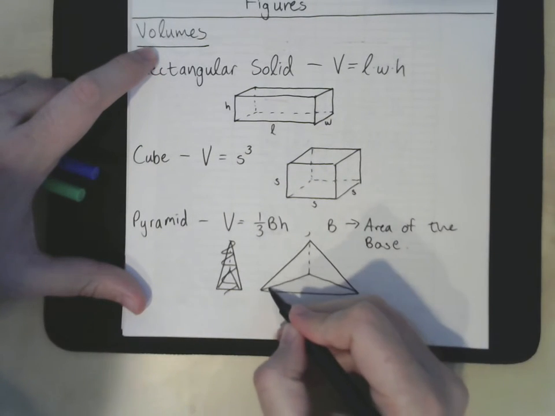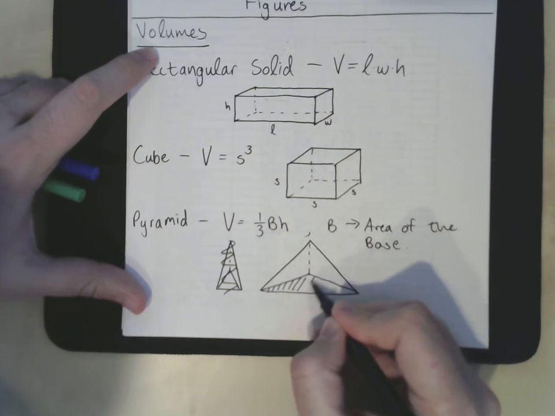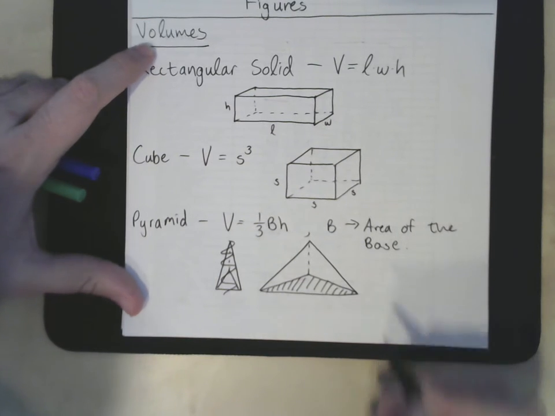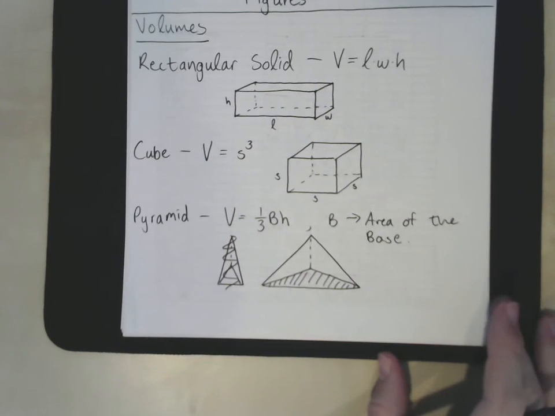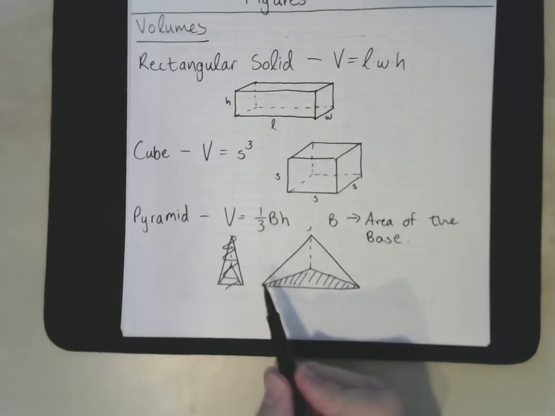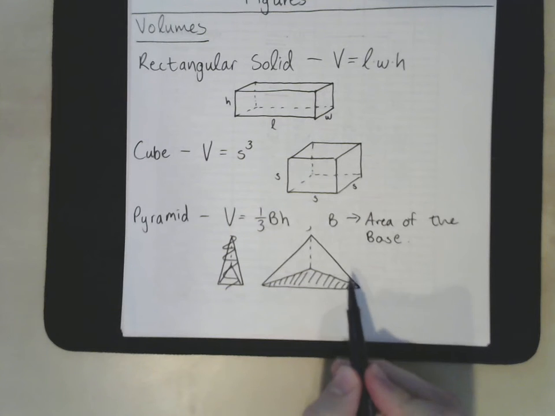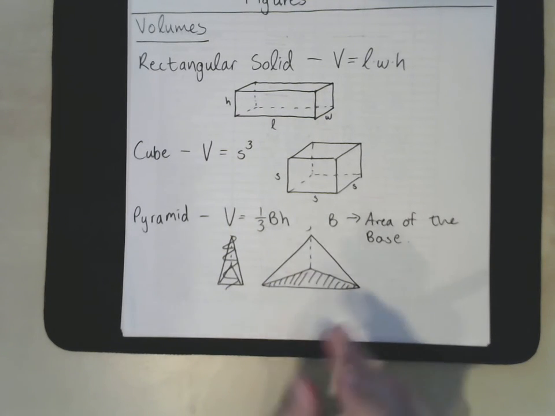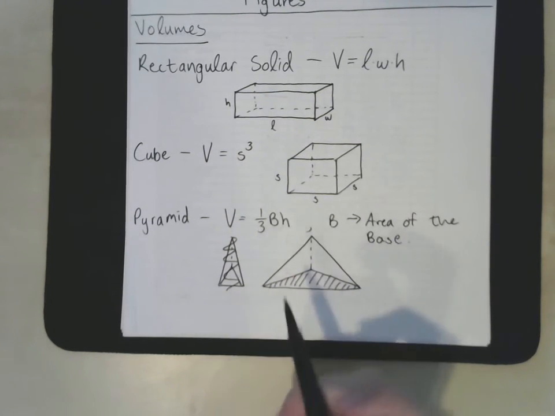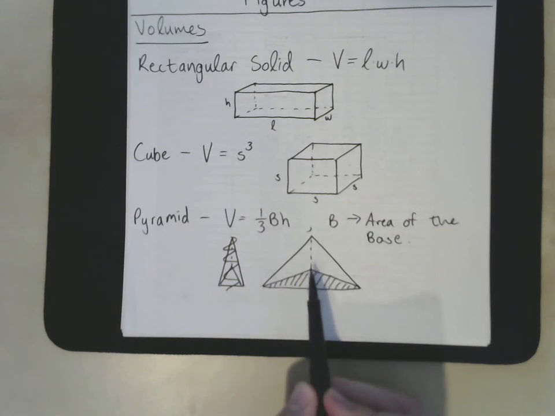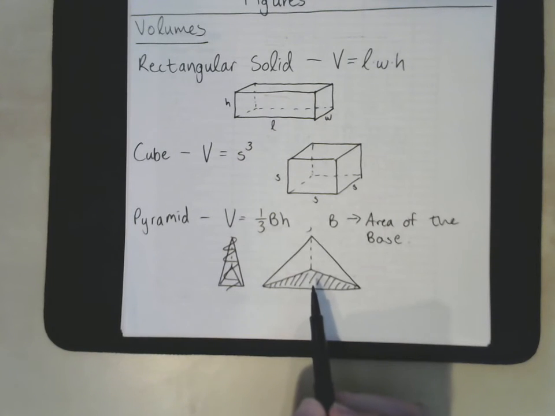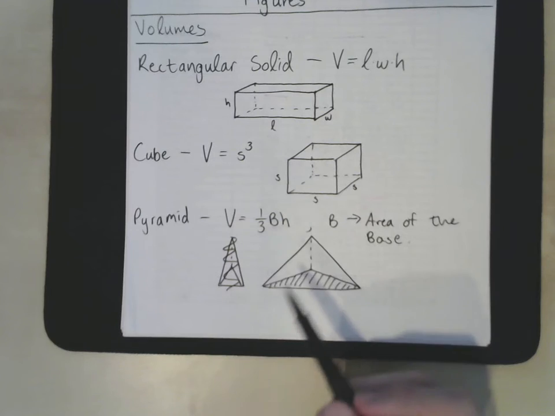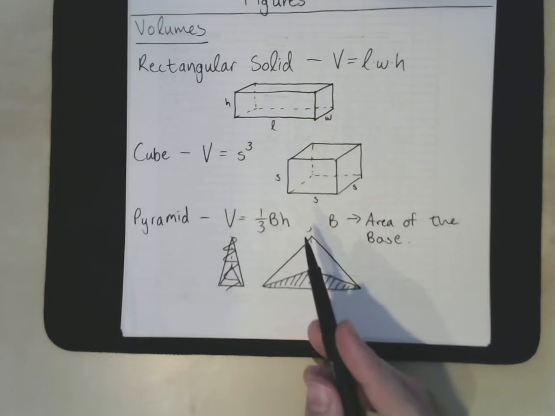So this is the base, and what we see is the front face. So there are 3 faces to this pyramid. This face here, and this face here. And so our volume says take the area of the base triangle here, which is 1/2 base times height, and then multiply that by the height of the pyramid.